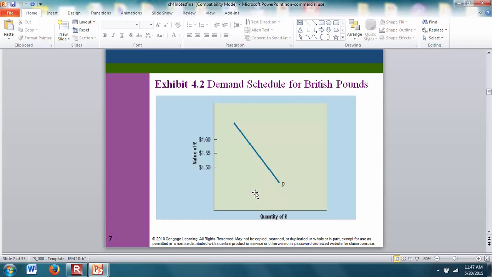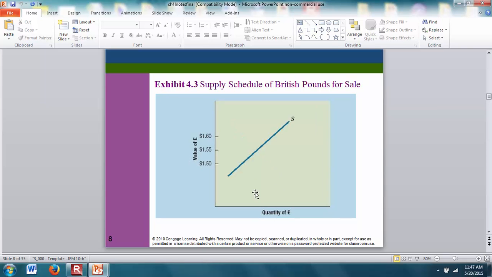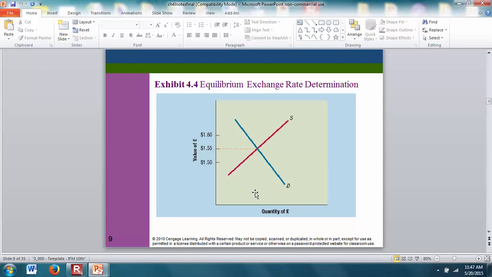Here we have the demand schedule for British pounds, and we see that as the price goes down, there's going to be more demand. Then we have the supply schedule, which tells you that as the price goes up, more and more people want to sell the British pound. The intersection of the demand and the supply is the equilibrium point. So basically you have buyers and you have sellers.